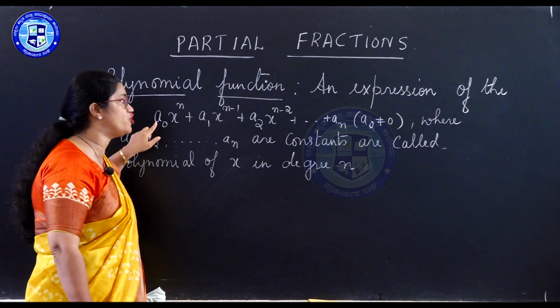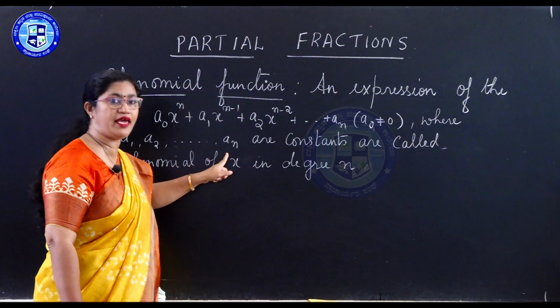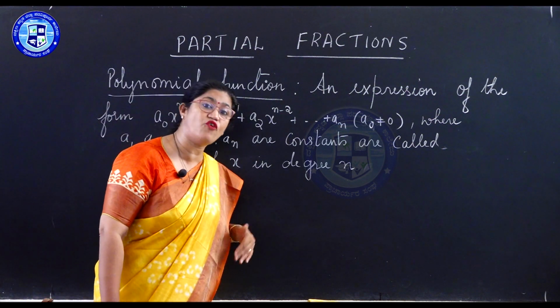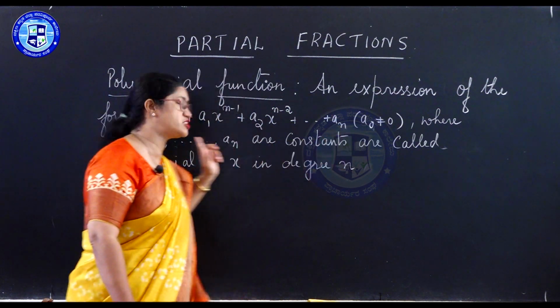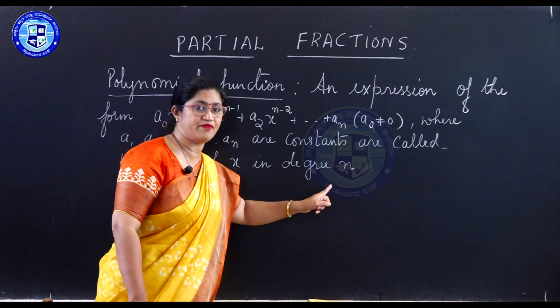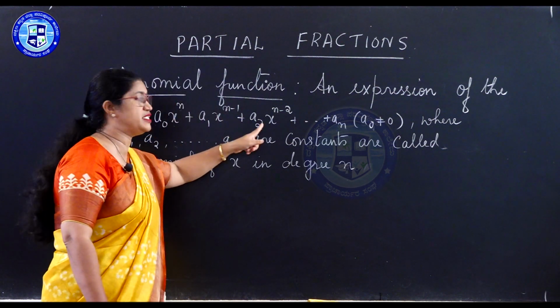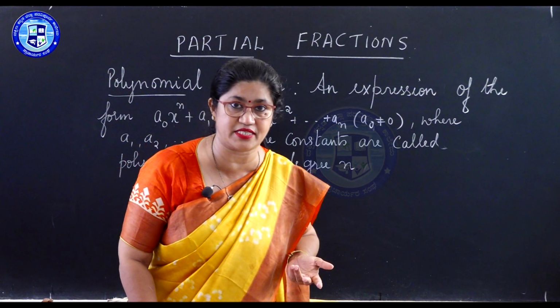The remaining A1, A2, An are constants and some of them could be 0 also. Such an expression is called a polynomial of x of degree n. The variable here is x and that's why it is called a polynomial of x.